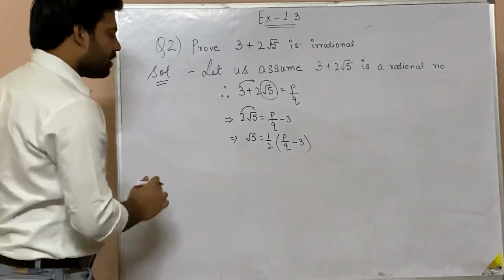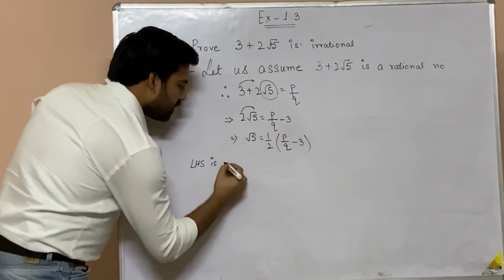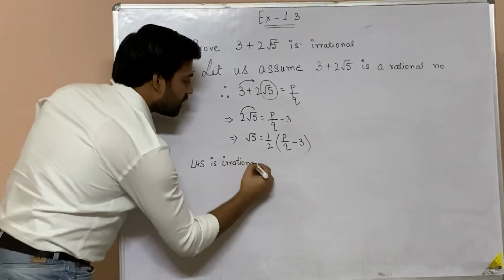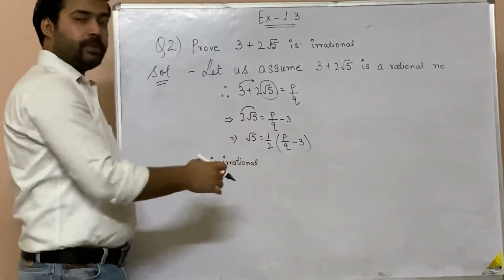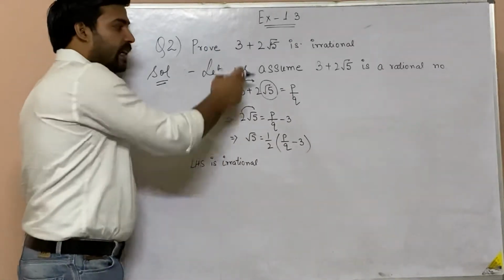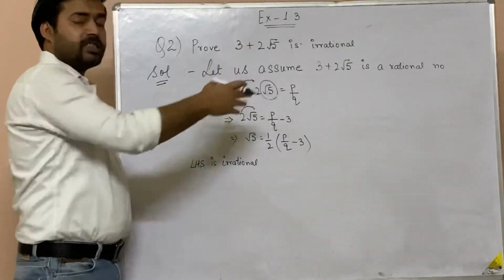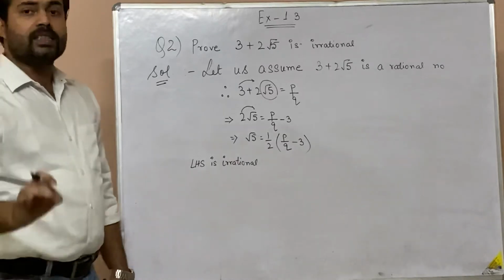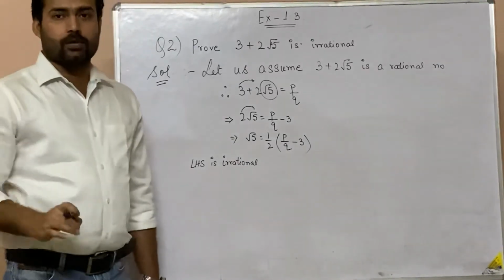Now you will say LHS is irrational. Now you will say, sir, how are you taking this to be irrational without proving it? We need to prove root 5 to be irrational. So that is what you need to understand. For these kinds of questions, wherein you have binary operations in between, plus, minus, multiply, divide, that means simple root is not there; along with root, some other numbers are also there.